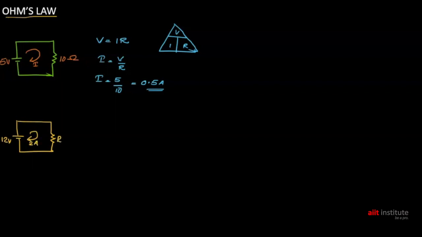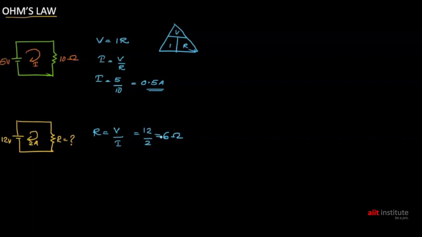We have to find the value of resistance. We know that the equation of R becomes V by I, which means 12 by 2, which is equal to 6 ohm.